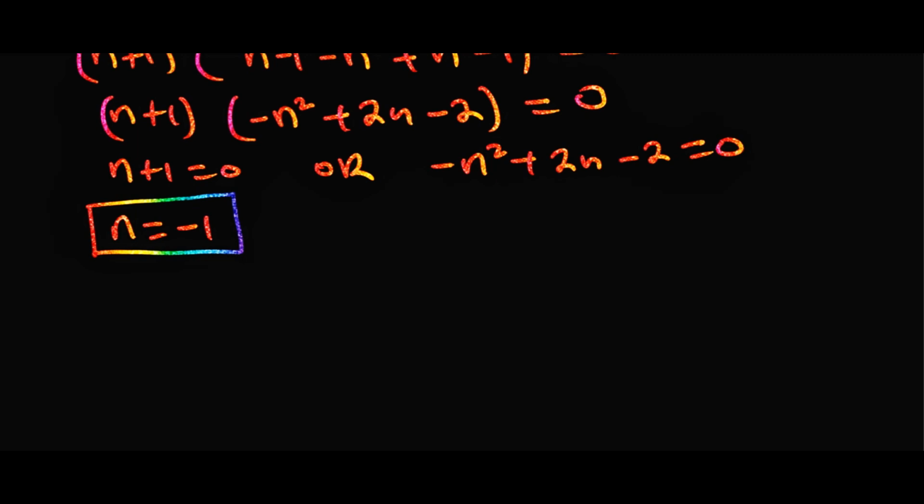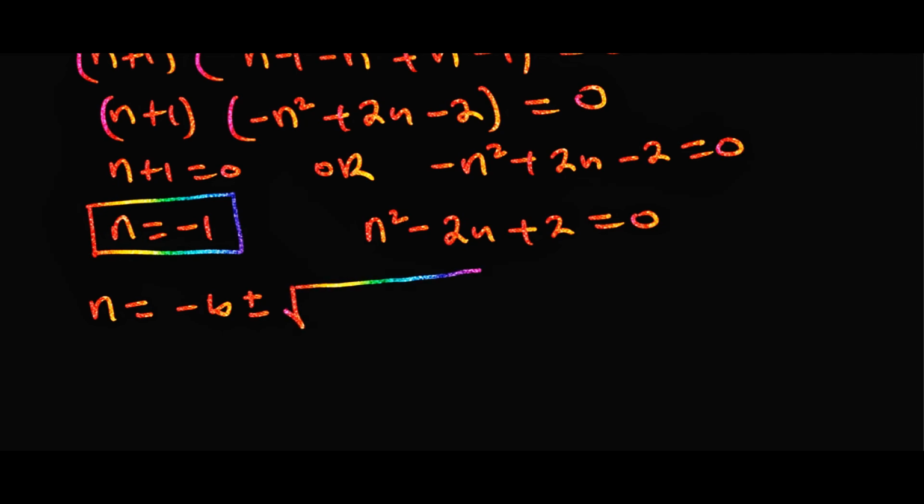And if we take the second one to be equal to 0, then we can see that this is a quadratic equation which we can solve using the quadratic formula. So we can write this as n squared minus 2n plus 2 is equal to 0. And we can apply the quadratic formula as minus b plus or minus the root of b squared minus 4ac over 2a.